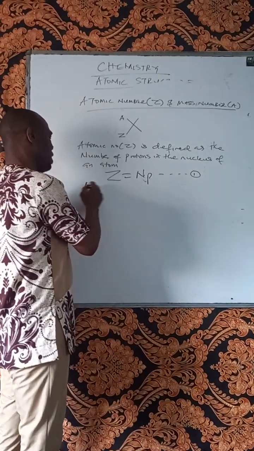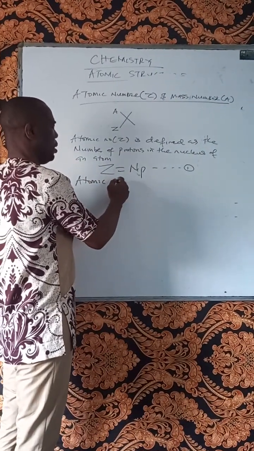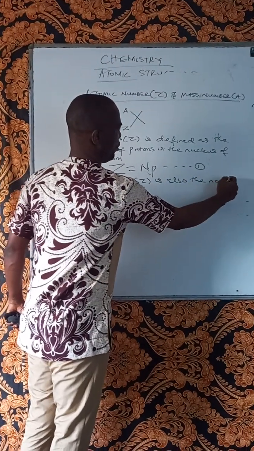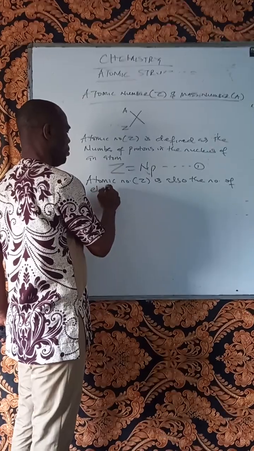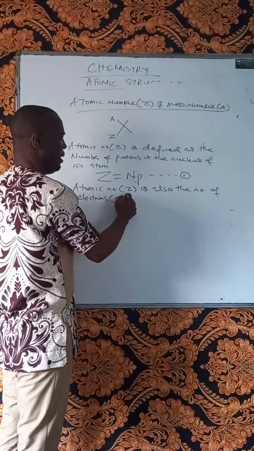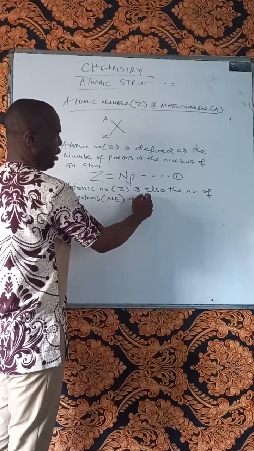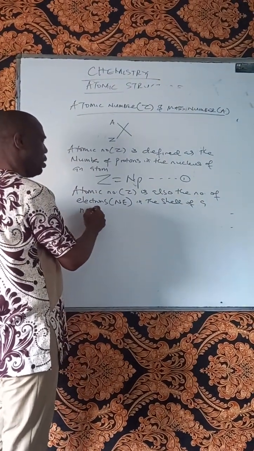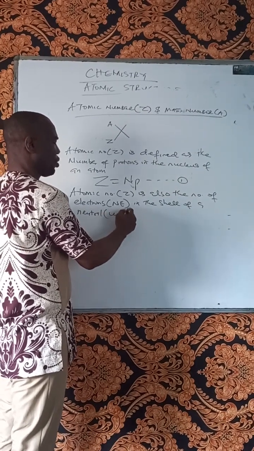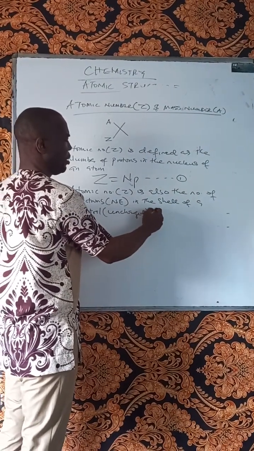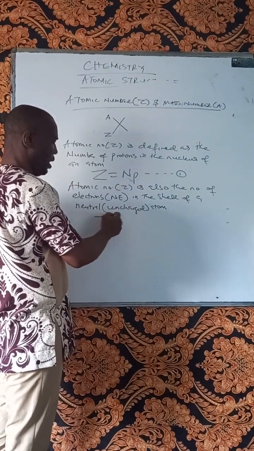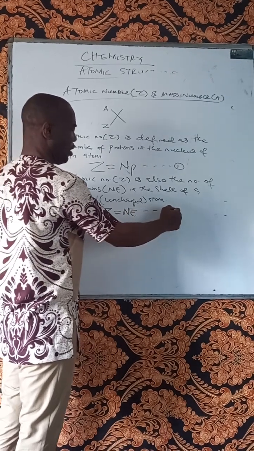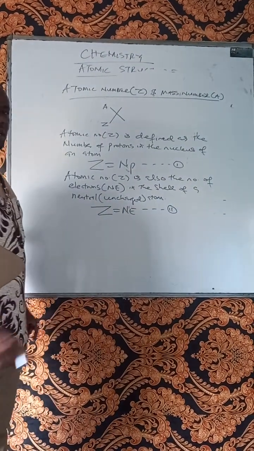Then we can see that atomic number is also the number of electrons, which you can call Ne, in the shell of a neutral or uncharged atom. Yes. We can see that atomic number is equal to number of electrons in the shell of an atom. That's the condition for this second definition.